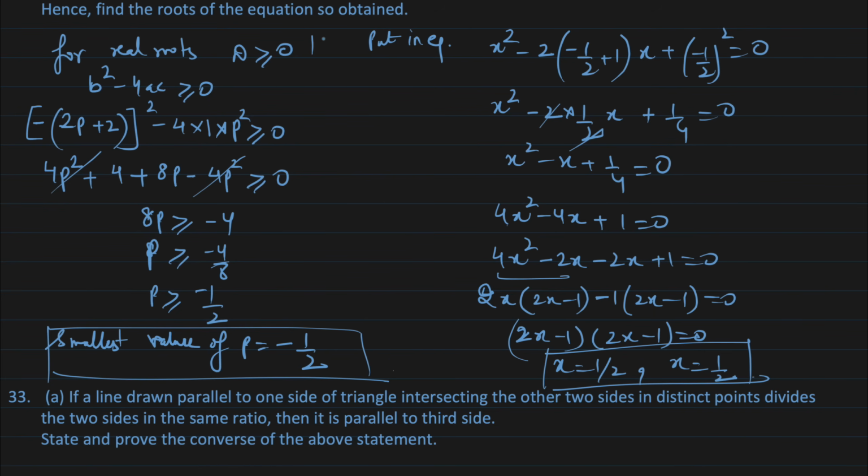Okay, so how do you get the marks? First, half mark you get when you write the statement that b square minus 4ac is greater than or equal to 0. When you put it and get the value of P, half mark for substituting and 1 mark for solving it. So that is 2 marks. Then half mark for writing the statement, so 2.5 is done.